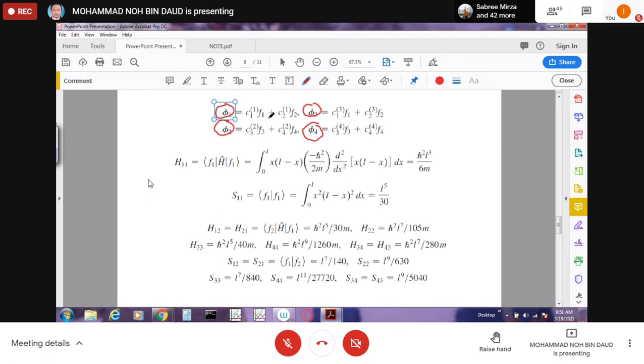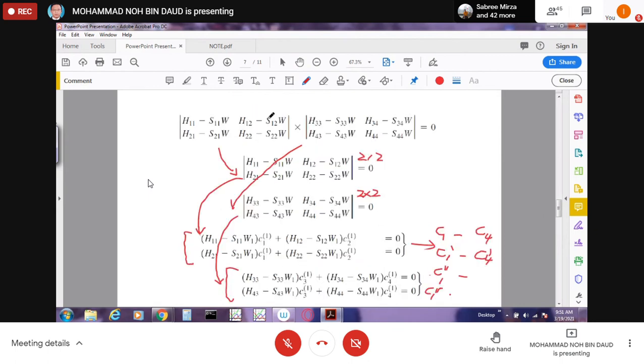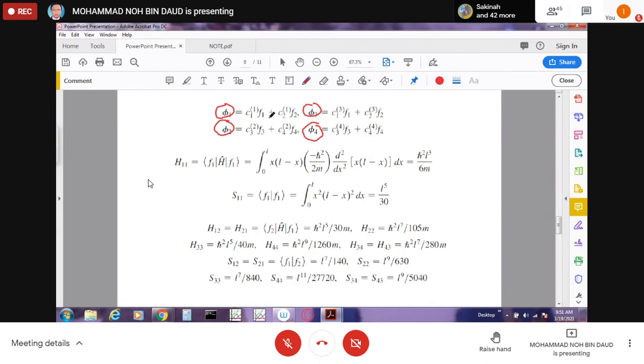You can see for this one, C3 and C4 are 0. For this one, C1 and C2 are 0.